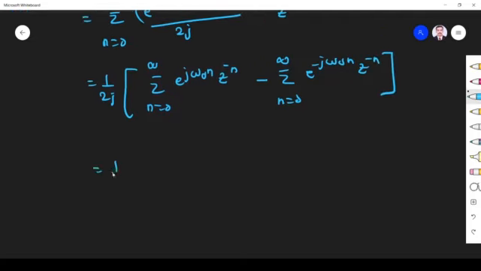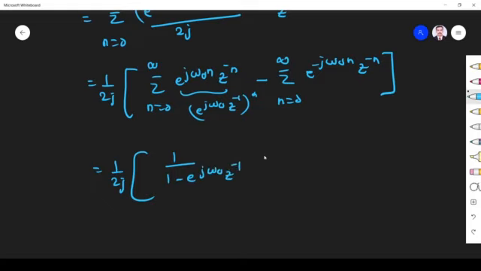So 1 by 2j, this is what our a is. So e^(jω₀) z^(-1) is our a, so I can write it as (e^(jω₀) z^(-1))^n, aⁿ. So it is 1 by 1 minus e^(jω₀) z^(-1). Similarly, minus 1 by 1 minus e^(-jω₀) z^(-1). Clear? Okay, this is our a.